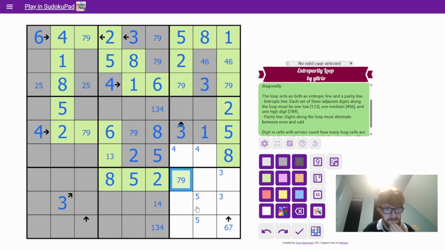Okay. This could never be part of the loop, because if it is, you get too many cells in this column. So it's not part of the loop. Actually, either this is or this isn't, so that's not. Then that means that all of this is inaccessible. So we kind of know it's something like that.